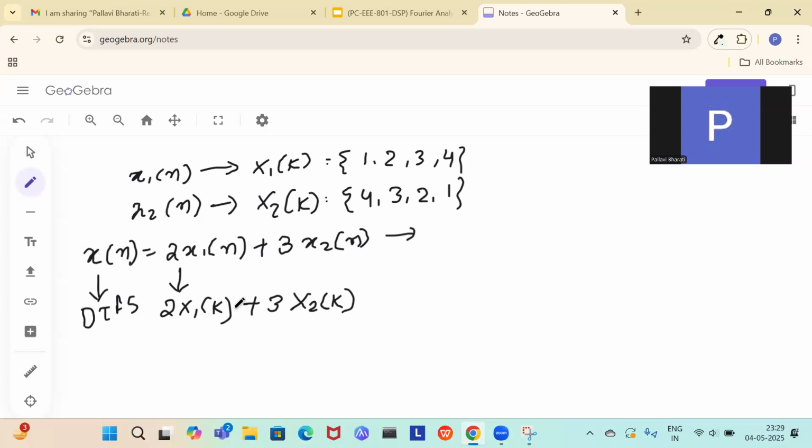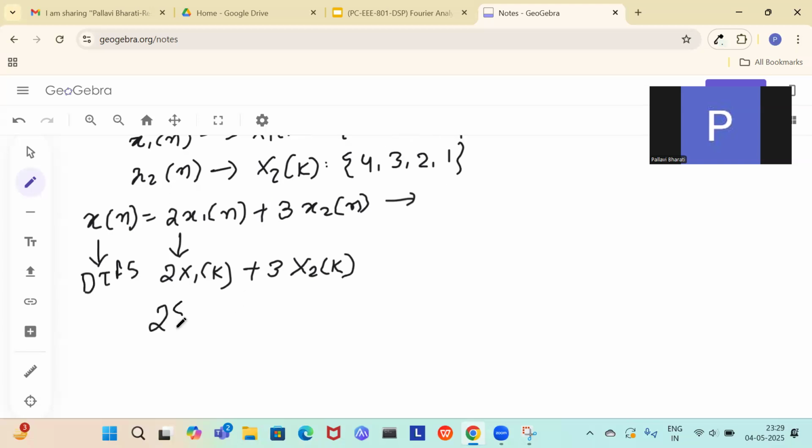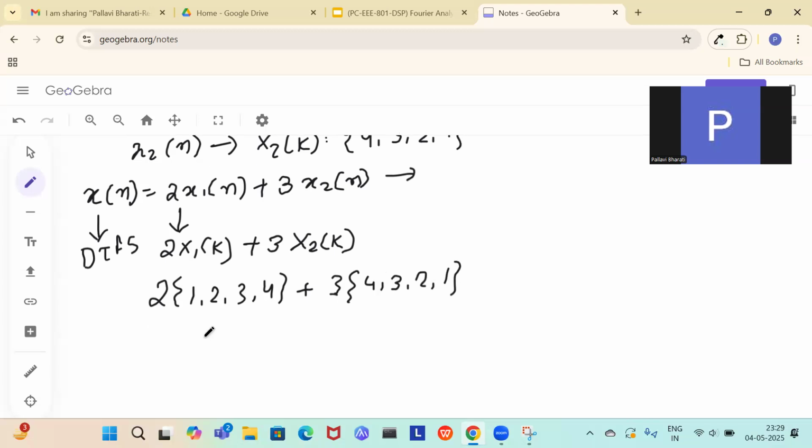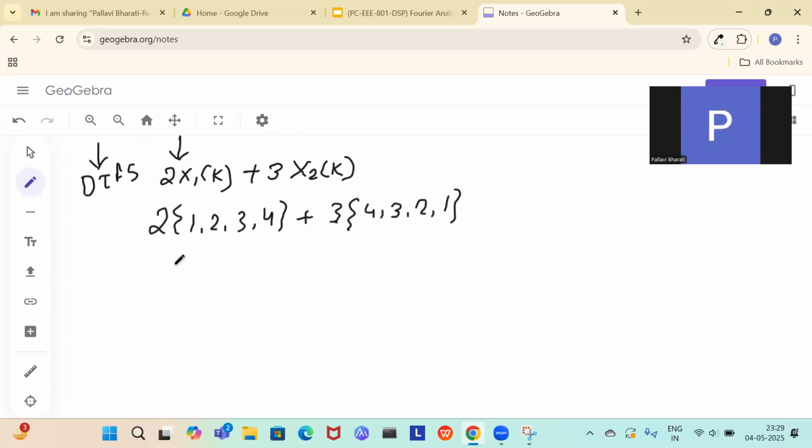Now, just multiply this 2 with 1, 2, 3, 4, and this 3 with 4, 3, 2, 1. What you will get is 2, 4, 6, 8. On this side, what you get is 12, 9, 6, and 3.